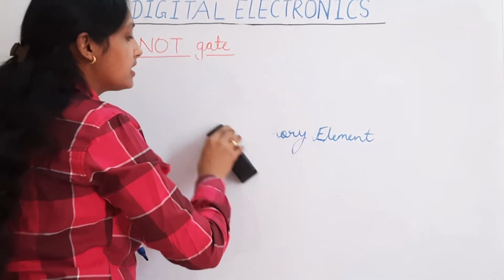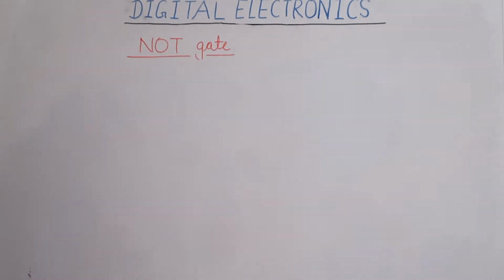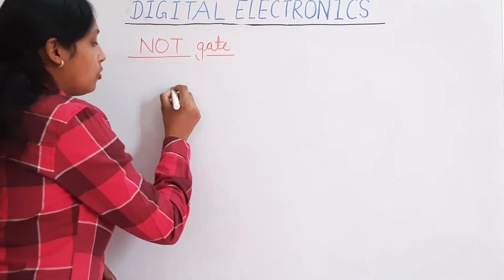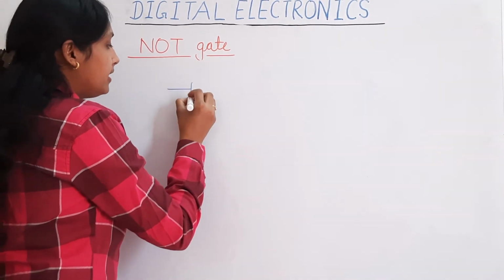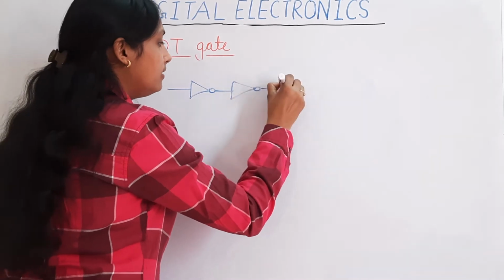Now we will discuss the second property of NOT gate, when we are connecting three NOT gates back to back like this, NOT gates 1, 2 and 3.